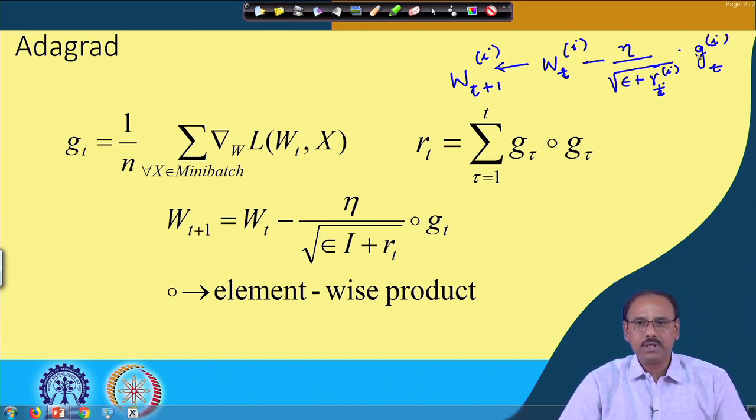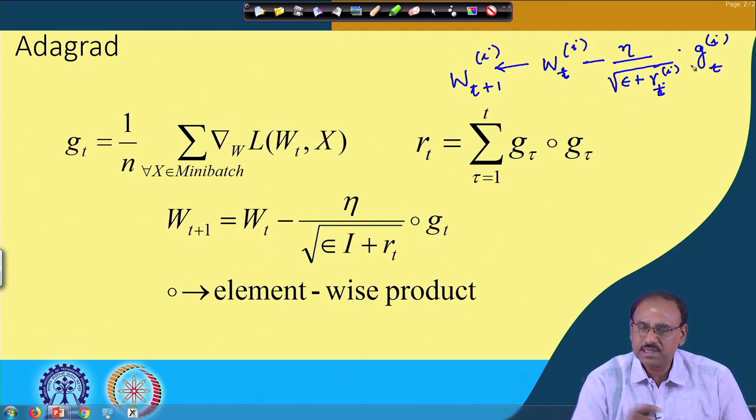This is the component wise operation that you perform, and here you find that you are basically scaling the ith component of the gradient vector by the square root of the sum of squares of the corresponding component of the gradient vector, where you are taking the summation over all the previous gradient values, or the partial derivative values that have been computed. So this is the sum of all the historical values, and this is what is scaling the ith component of the gradient vector, which effectively is updating the ith component of the weight vector or the parameter vector.